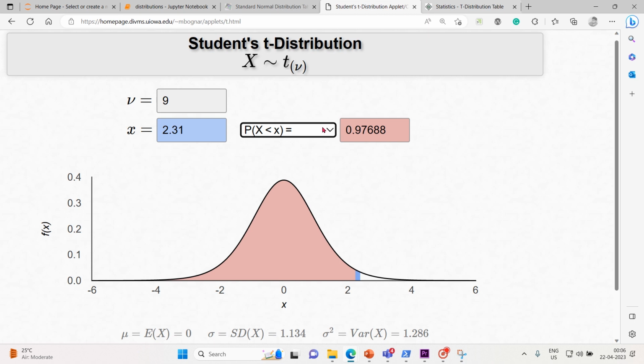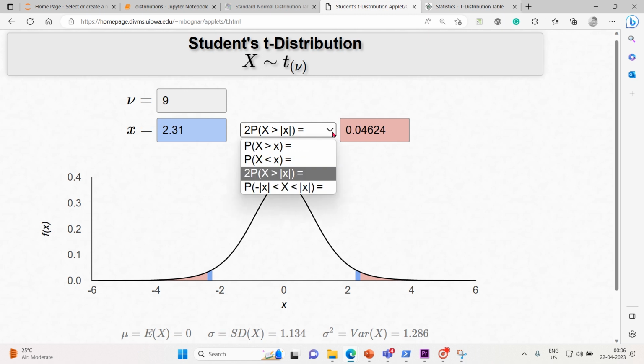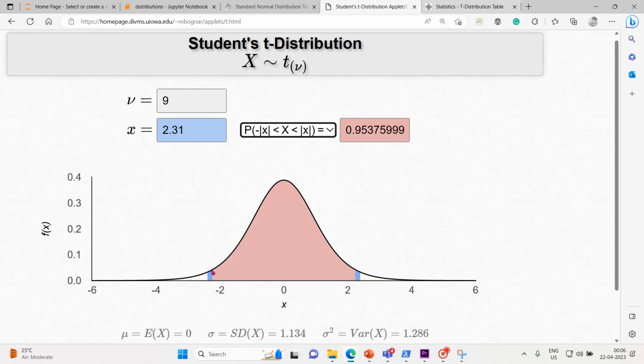Only the outliers, it's 0.04624, and the central part is 0.95. But I just want this positive outlier, it's 0.02312. That's my 2.31 value.